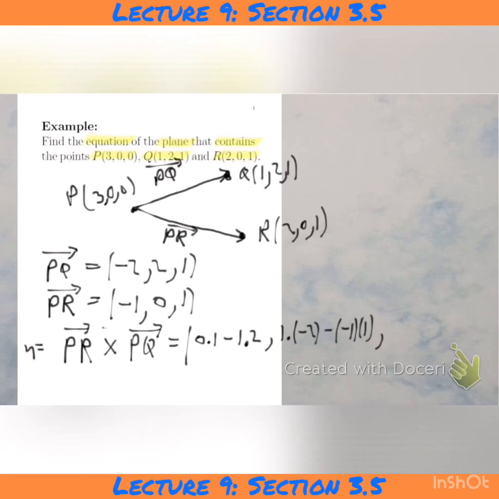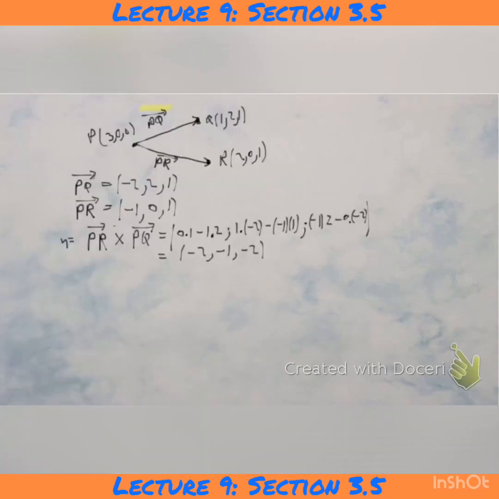And the last component is going to be minus 1 times 2 minus 0 times minus 2. So that is going to then become the vector minus 2, minus 1, and minus 2. All right, so that is the vector.